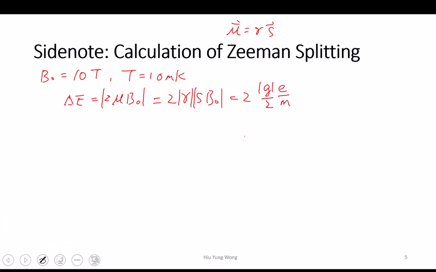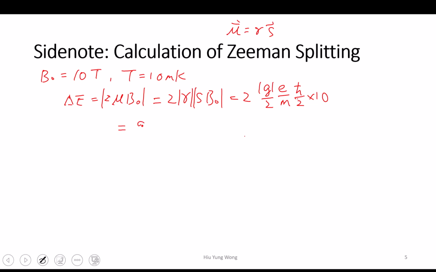Make sure you put this in your cheat sheet and other tips. Then this is h bar divided by 2 and then times 10. Is this okay? How I substitute it? Make sense? So with this, I'm going to do the substitution.